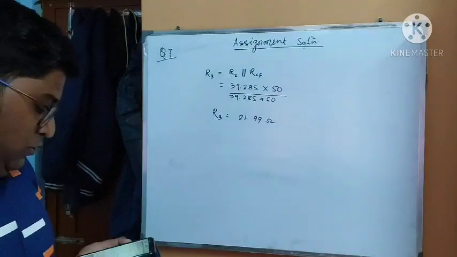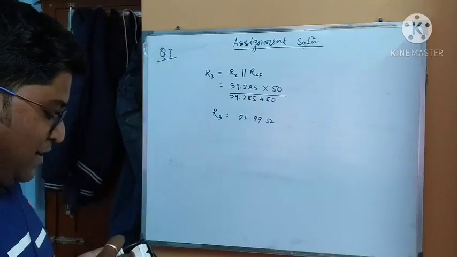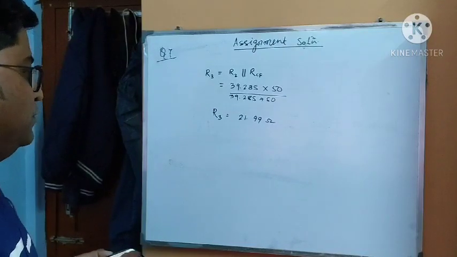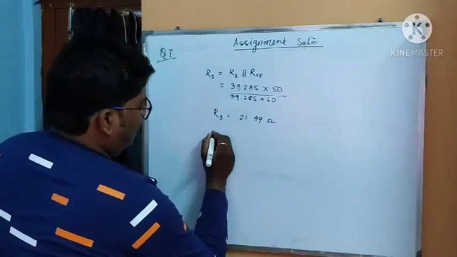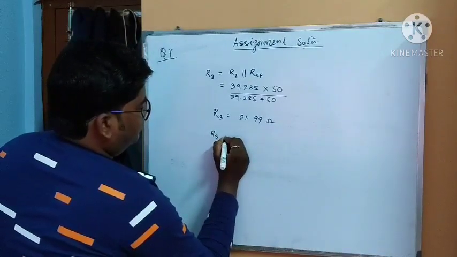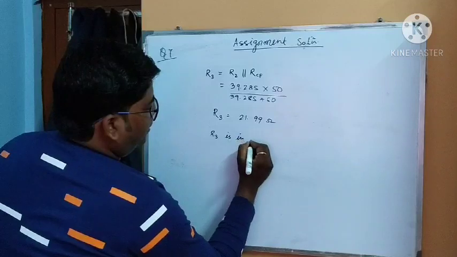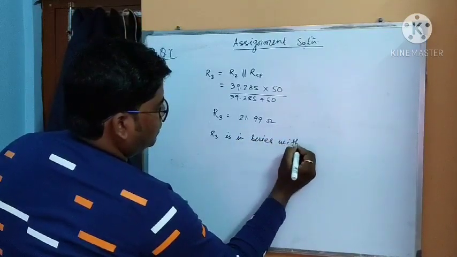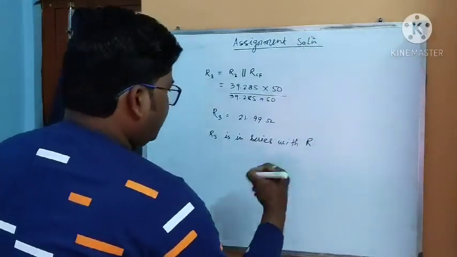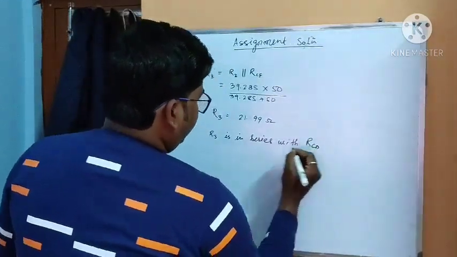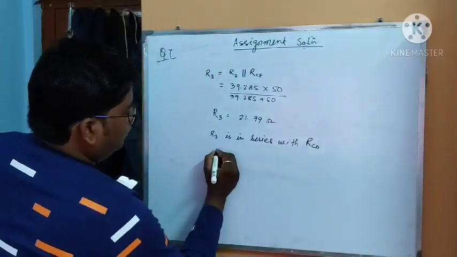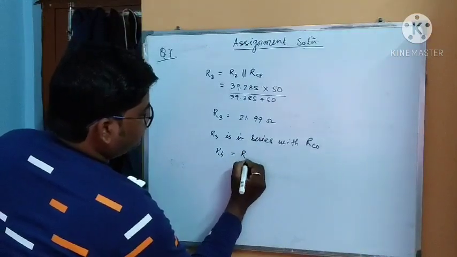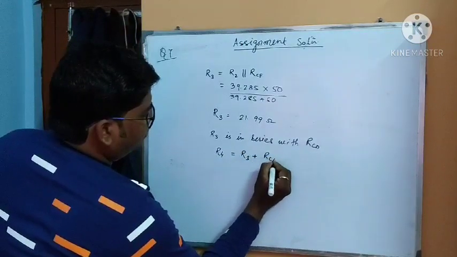Now simply R3 is in series with R of CD. So R3 is in series with R of CD. Okay, so the value of R3 we are considering as R4. So R4 is equal to R3 plus R of CD.